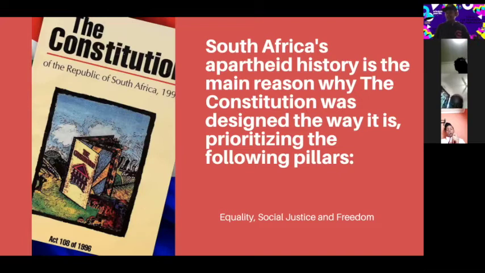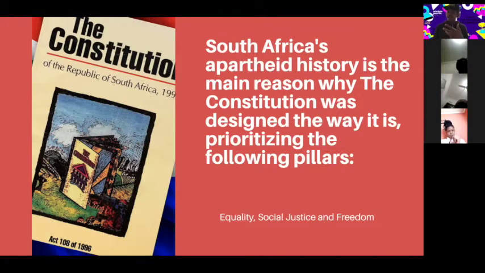So South Africa's apartheid history is the reason why the Constitution was designed the way it is, where it wants to prioritize particular pillars. And what are these pillars? It's equality, social justice, and freedom.